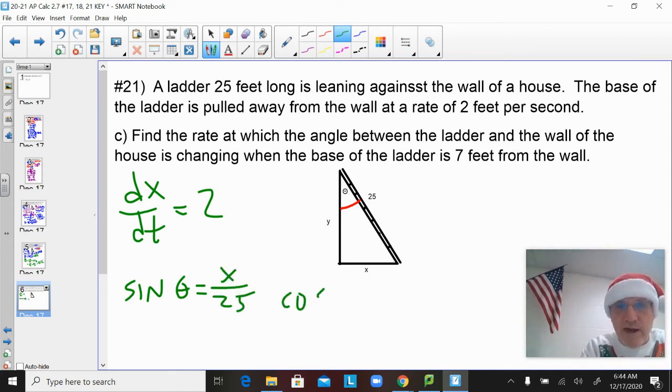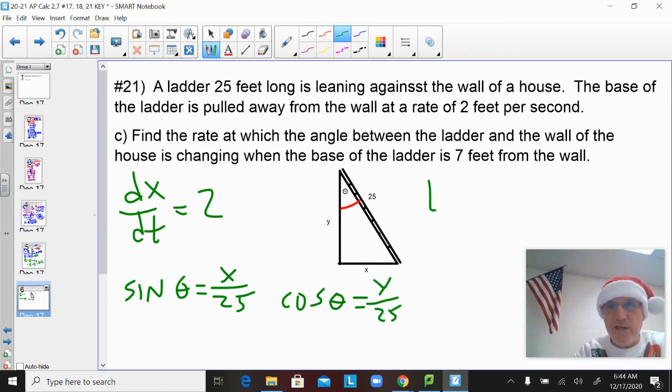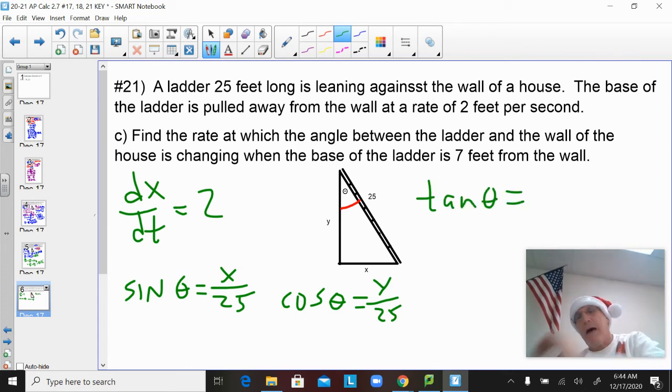Or I could use the cosine of theta. Cosine is adjacent over hypotenuse. And for this triangle where the theta is, the adjacent is y, the hypotenuse is 25. Or I can use the tangent of theta. Tangent is opposite over adjacent, which in this drawing would be x over y. I can use any of those.